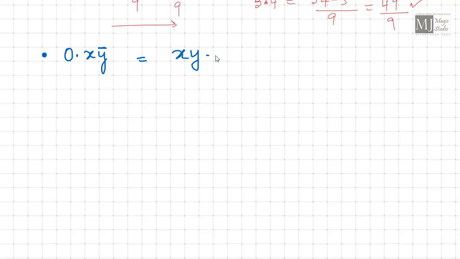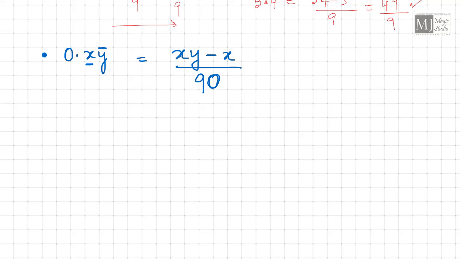It is xy. Deduct all non-recurring parts, x. Divide by 9 for the number of digits recurring after the decimal point. The number of digits recurring after the decimal point is 1, therefore I will write 1 times 9. Now, how many digits are non-recurring and occurring after the decimal point? There is only one digit. For that, we need to put a 0. And hence, this will be converted into a fraction.